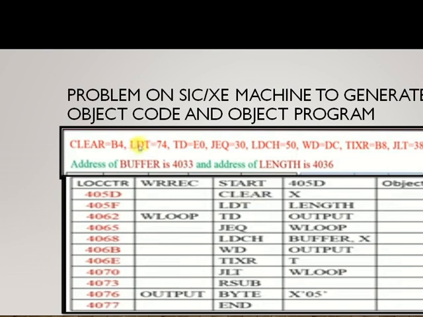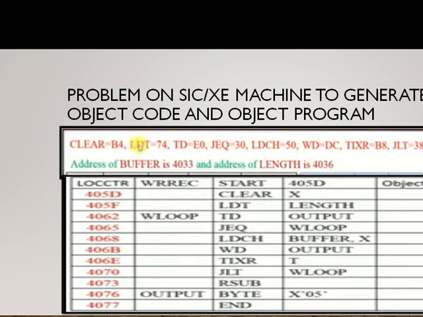the object program. Here we have the program with the location counter, starting address, and we have to generate the object code. First, the location counter will be written, and we have to know which format each instruction refers to.